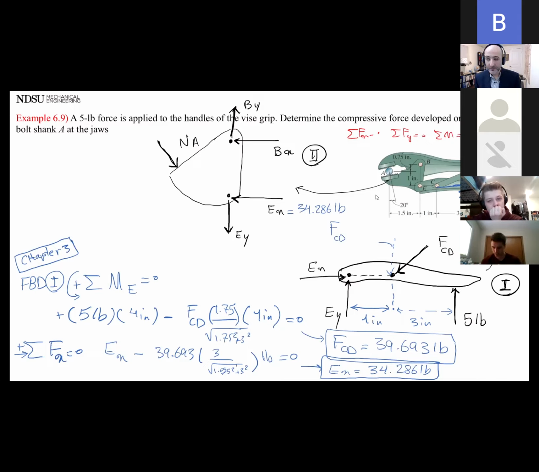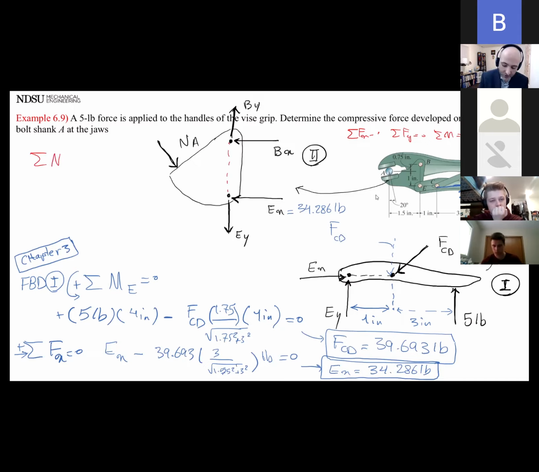Summation of moment. Okay, about what point would you pick it? Point B. Why did you pick B? That gets rid of BY and BX. You're left with NA and also EY. You can use any equations and be able to solve this, but you want to just be efficient and smart about it.